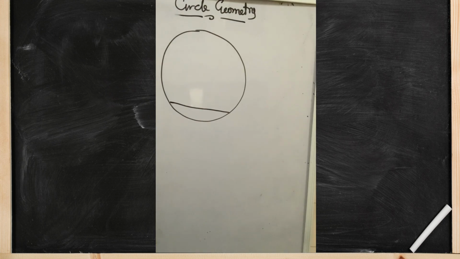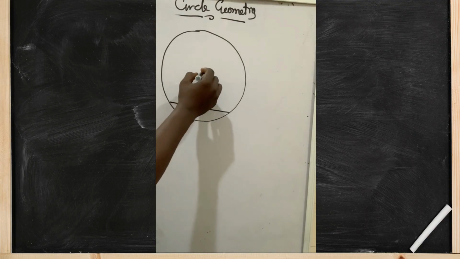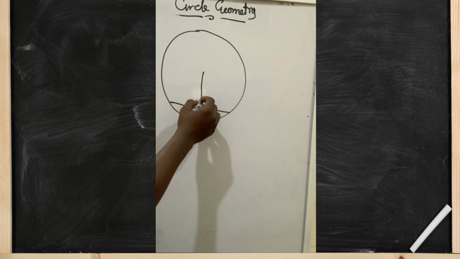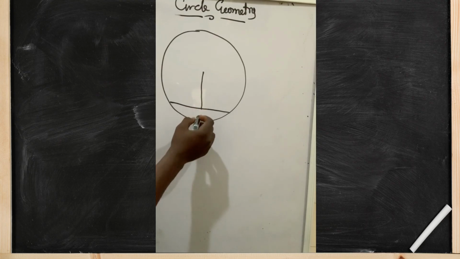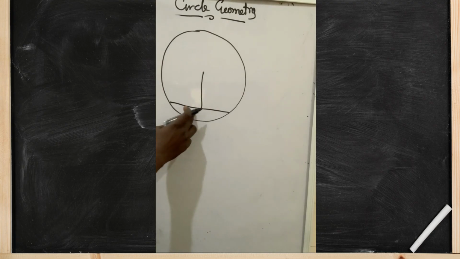I've established that. This is the center of the circle. Now, the first theorem in circle geometry is what I'm going to be sharing with you, and it says a line drawn from the center of the circle to bisect a chord, meaning to divide the chord into two equal halves.